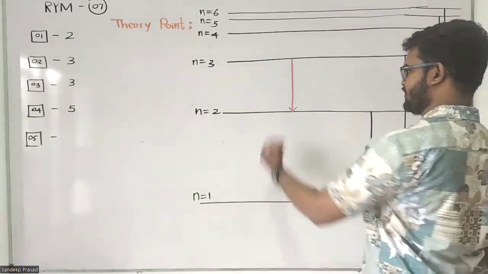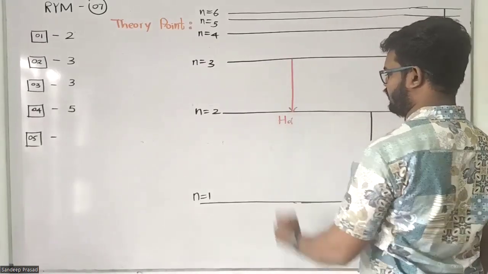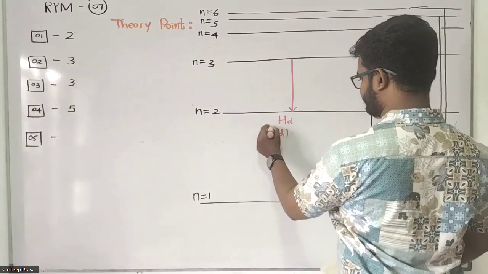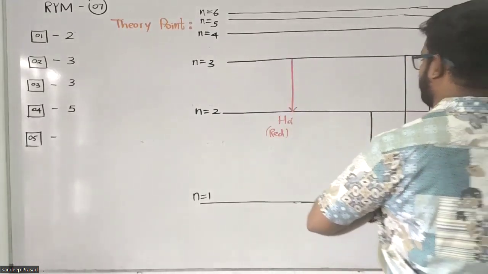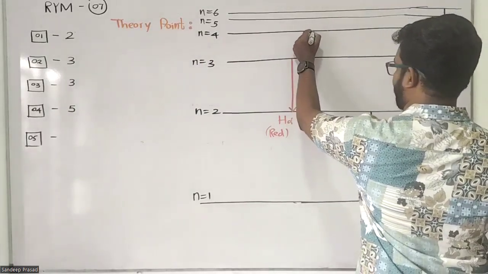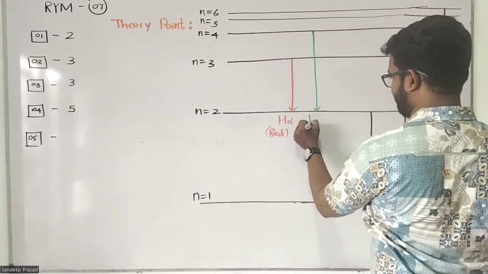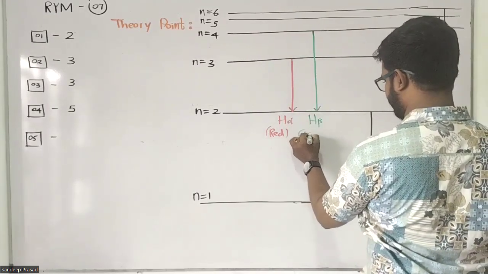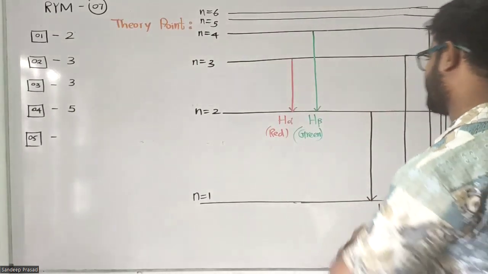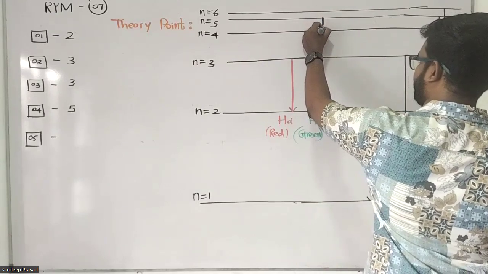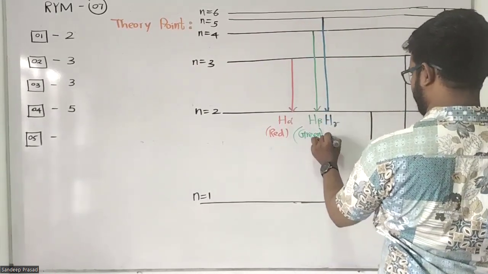So the first electron transition, N equal 3 to 2, H alpha. H alpha is red color. Then the next one, H beta, green color. Next one, H gamma, blue color.